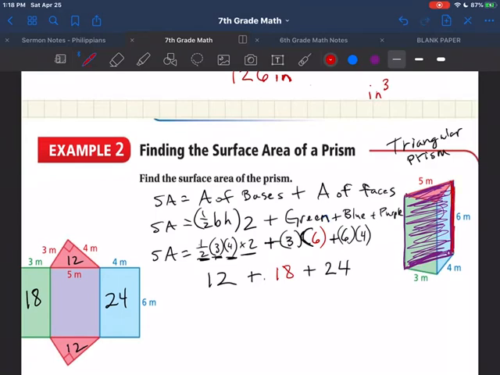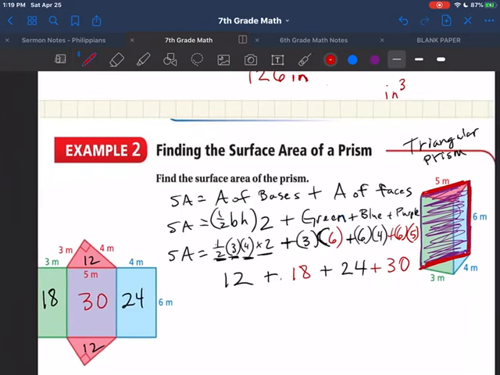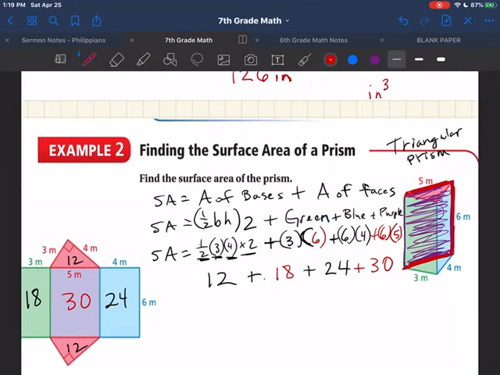So Mr. Purple's got a length of 6 and a width of, well, what is this one? There's our 5 that they tried to make me think was part of my triangle, times 5. And that is 30. So this part was 30, and therefore I have the area of all the parts of this thing.